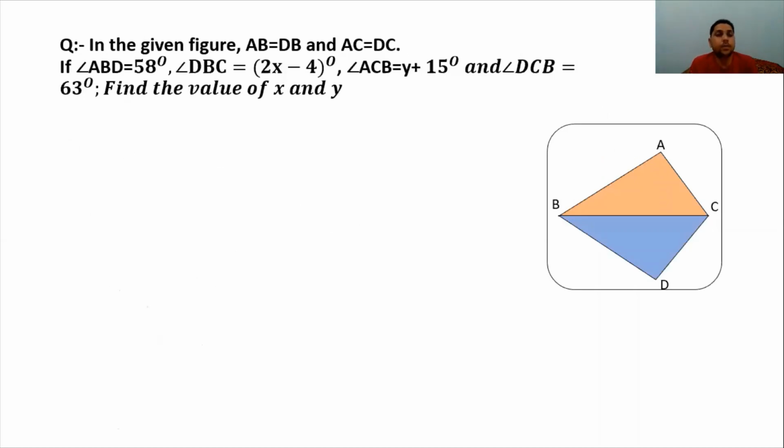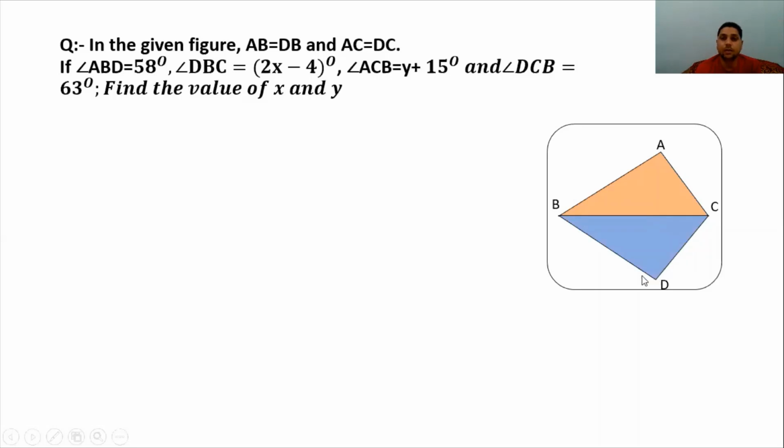Angles are given in the given figure. AB is equal to DB. Two triangles are given here, triangle ABC and triangle BCD.